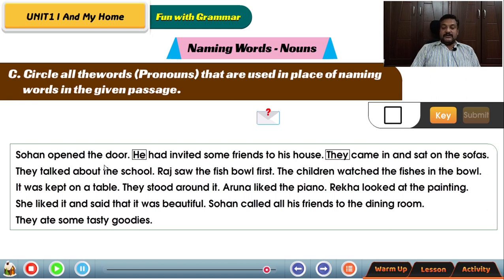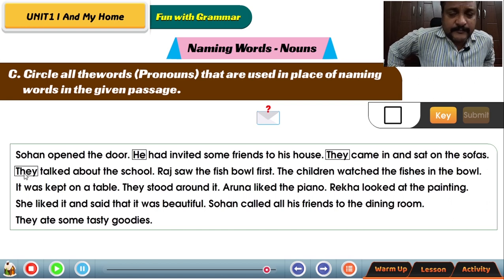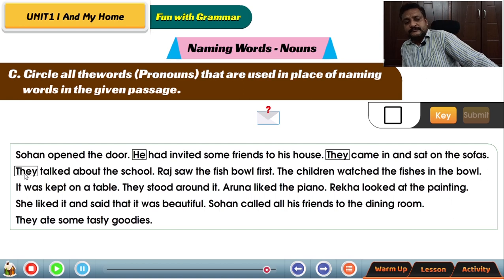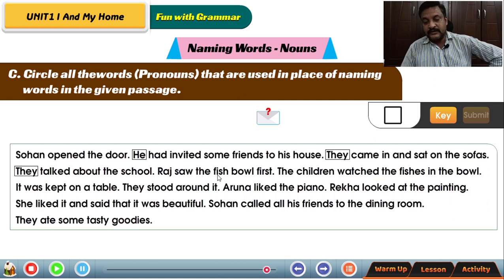In and sat on the sofas. They talked about the school. They talked. Who talked again? They means, yeah, Sohan's friends talked about the school. Raj saw the fish bowl first. The children watched the fishes in the bowl. It was kept on a table.